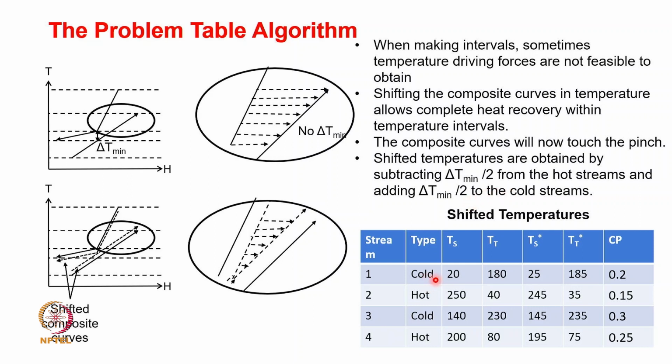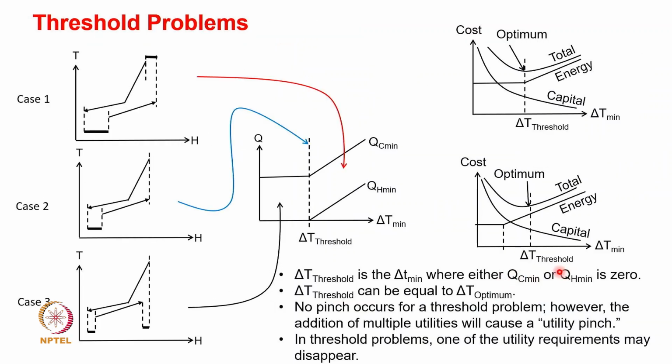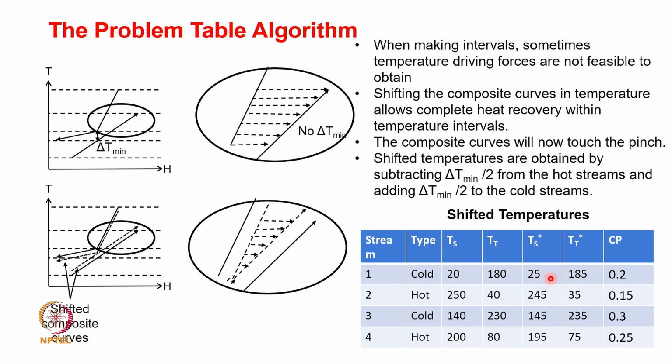Let's see. We have a cold stream with inlet at 20 degrees C and exit at 180. Delta T min is 10 degrees, so you add 5 to the temperatures, so 20 becomes 25 and 180 becomes 185. Of course, I have just noted down the corresponding Cp values.